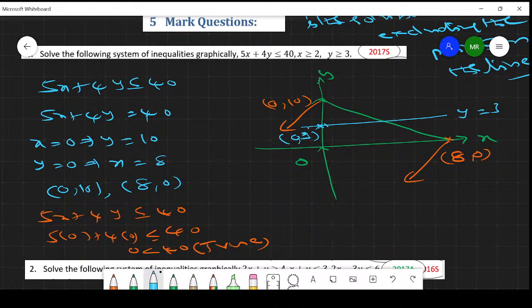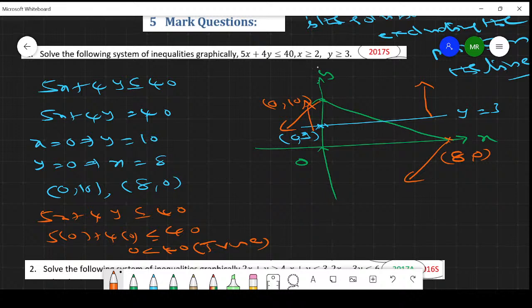Taking 0, 1, 2, 3, this is a rough diagram, but in the graph sheet you should do it perfectly. For y greater than or equal to 3, I have drawn a dark line because 3 is included. Here I represent the solution region above the line. They are asking for above the line.